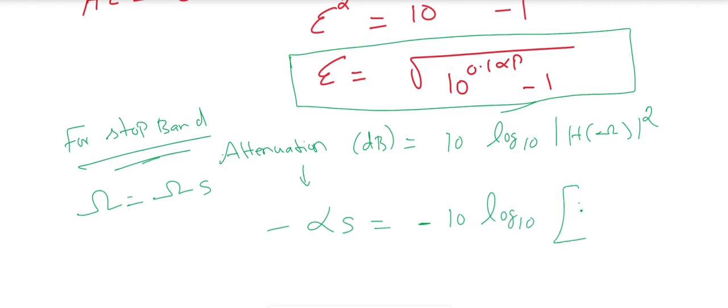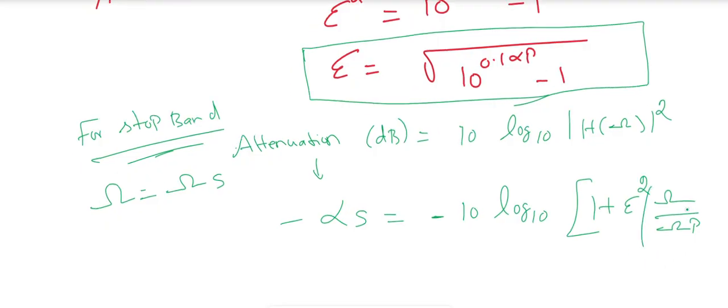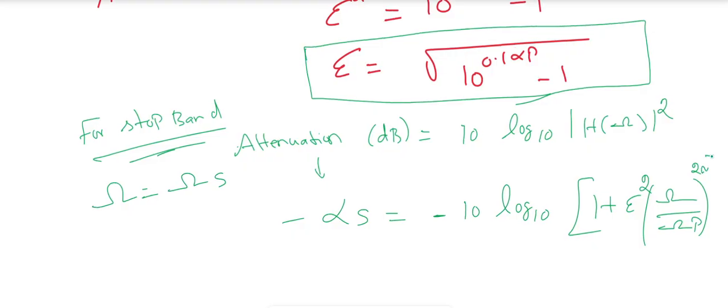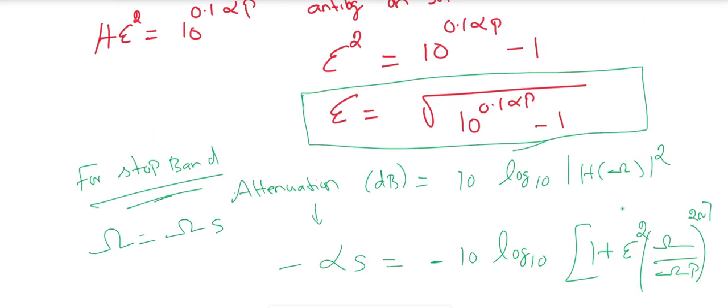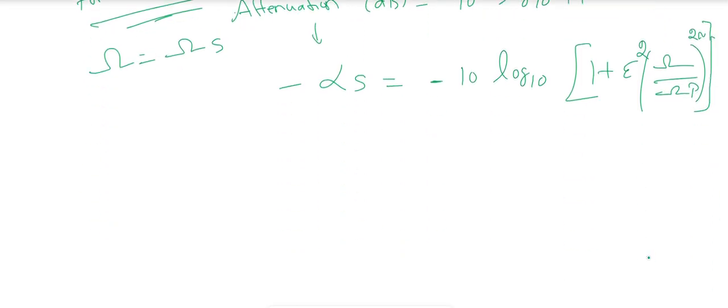So the representation in the stop band will be 1 plus epsilon squared omega by omega p to the power 2n, with omega equal to omega s.